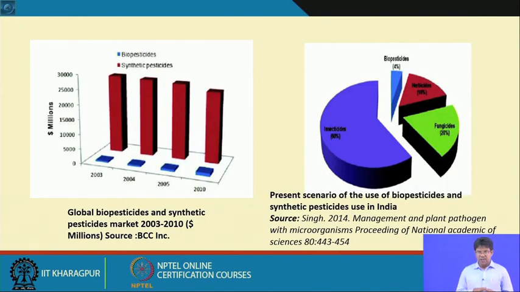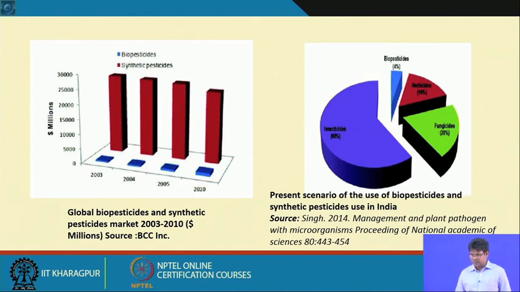So, if you see the growth of global synthetic pesticides after 2003, there is a slow decrease in the use of synthetic pesticides up to 2010.